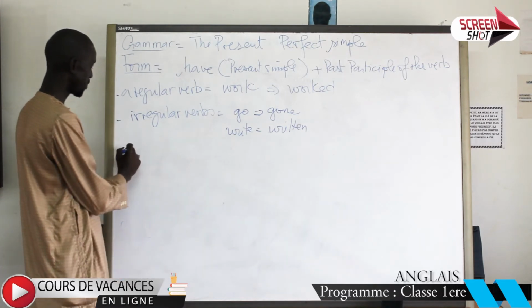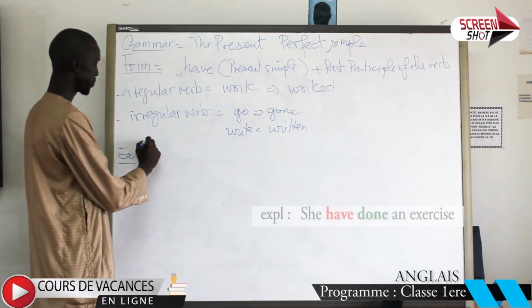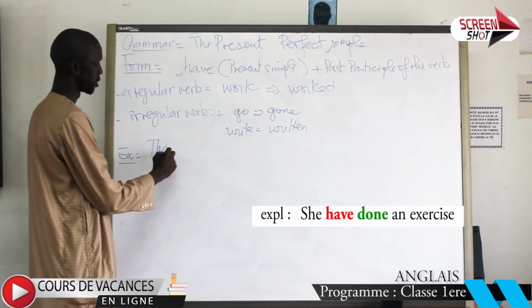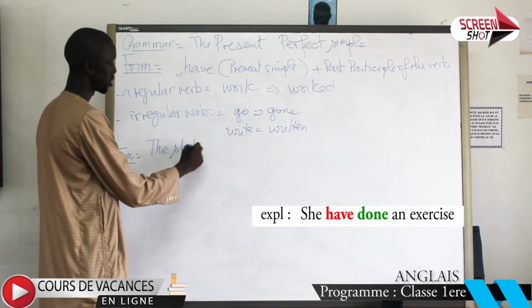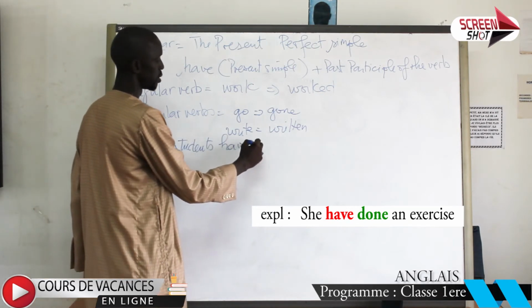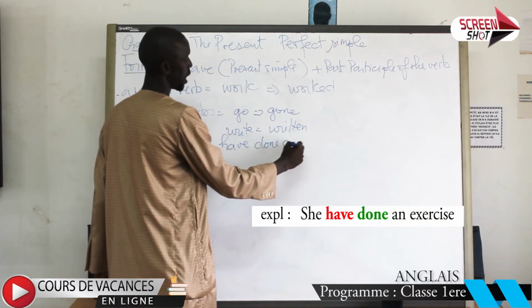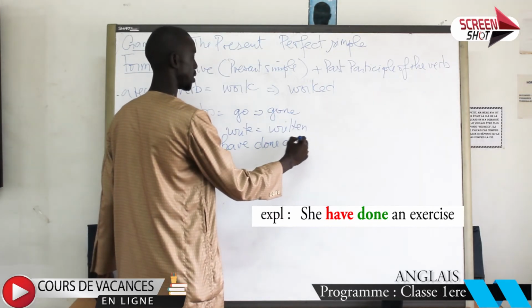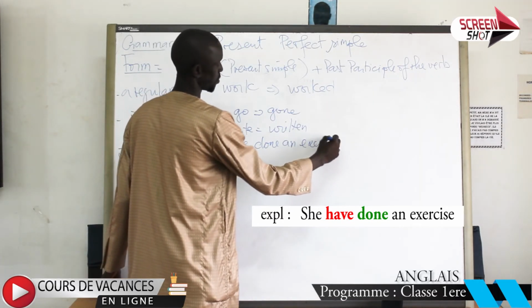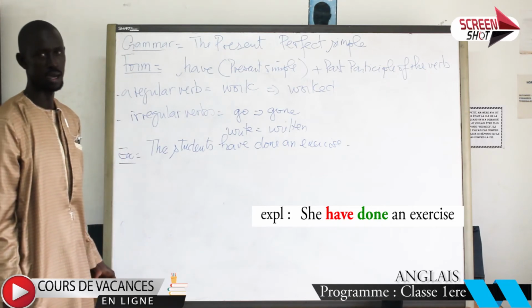So here, as an example of a present perfect sentence, we can say, the students have done an exercise.